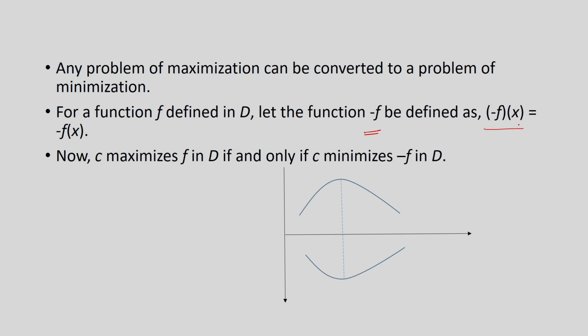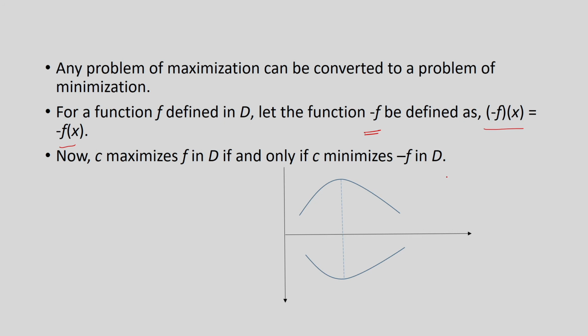Minus f of x is just equal to minus f(x). So, this particular function minus f is defined in such a manner that it takes the value of the function f(x) and we just put a minus sign before that. Now, if this is how the function is defined, c maximizes f in D if and only if c minimizes minus f in D.